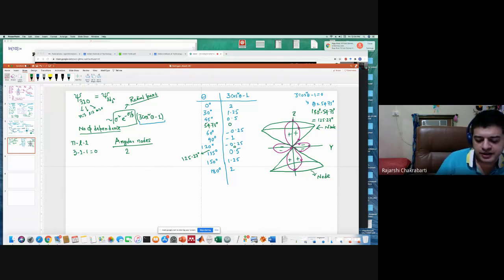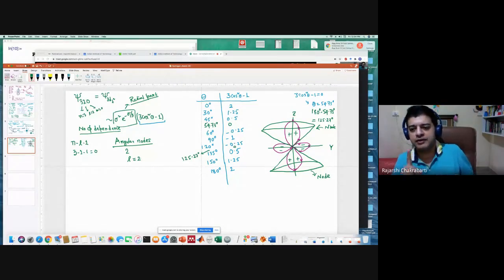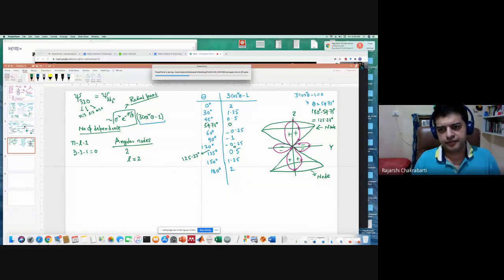How many angular nodes? Is equal to L. Yes, it is L. L equal to 2. Whatever the value of L, that will be the number of angular nodes you have for that orbital. Is this clear? So let us check this. I go back and check it.